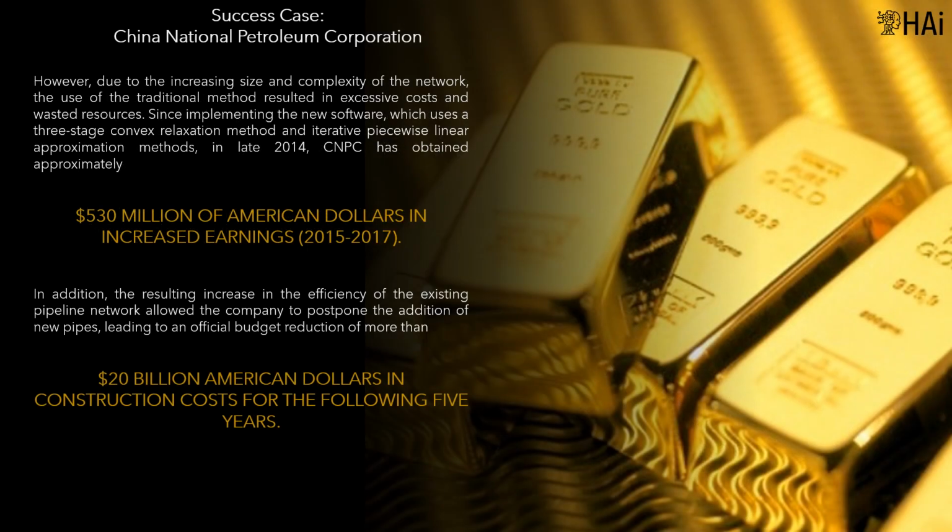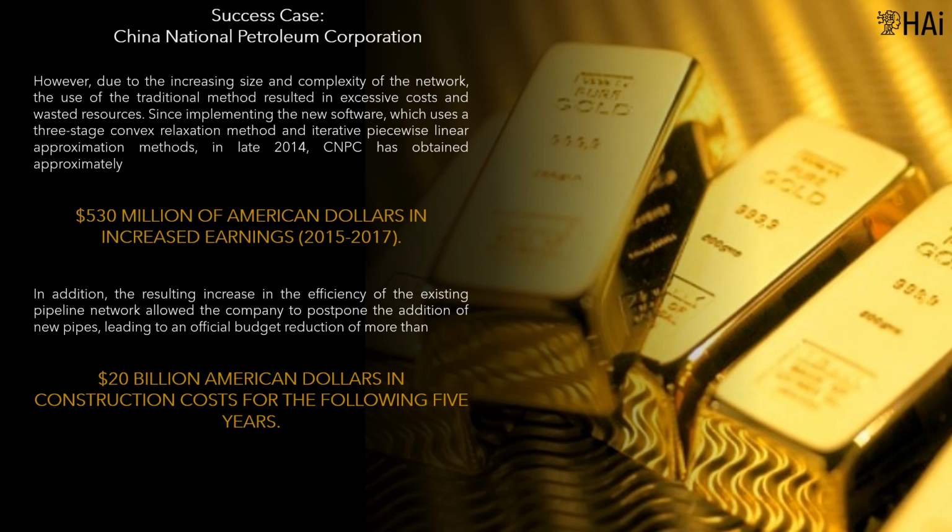However, due to the increasing size and complexity of the network, the use of the traditional method resulted in excessive costs and wasted resources. Since implementing the new software, which uses a 3-stage convex relaxation method and iterative piecewise linear approximation methods, in late 2014, CNPC has obtained approximately $530 million of American dollars in increased earnings, 2015 to 2017.